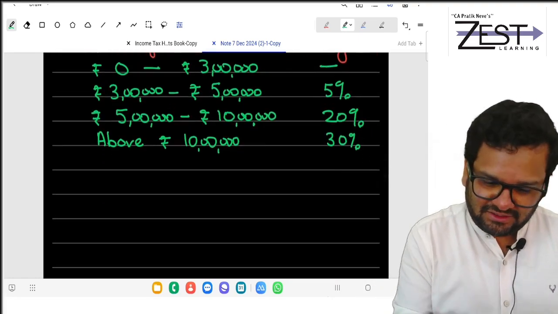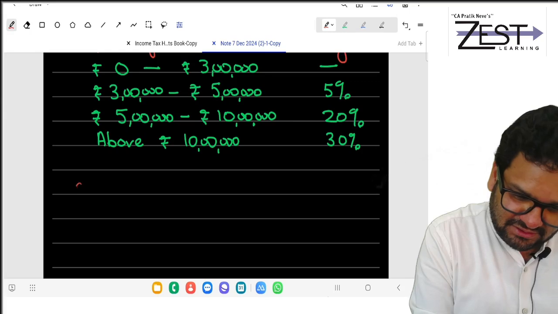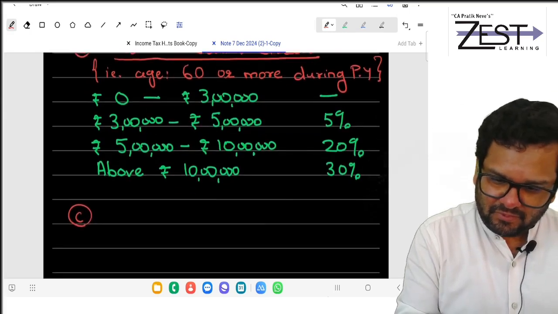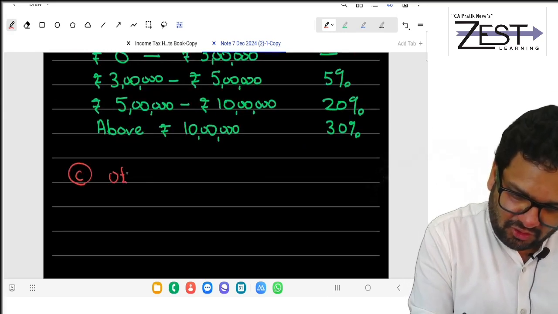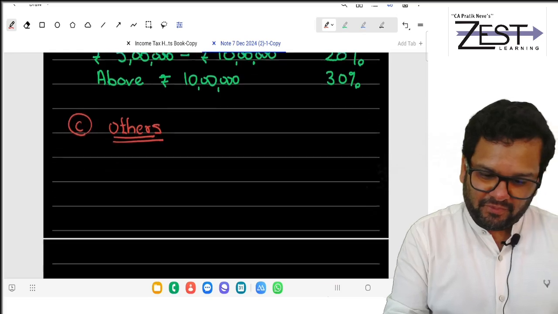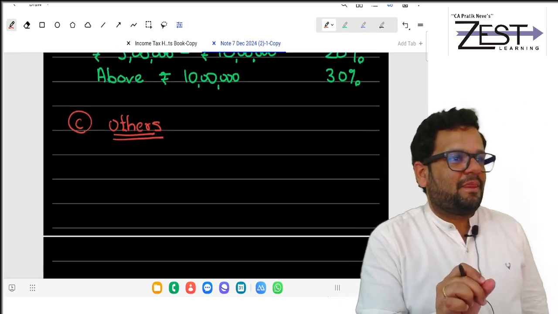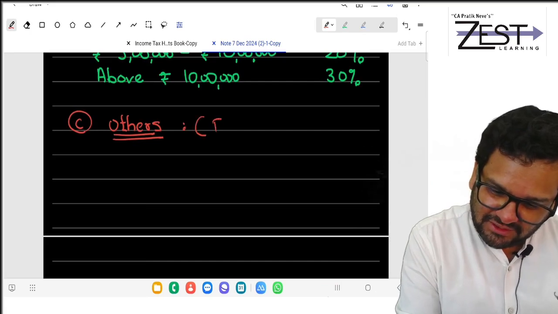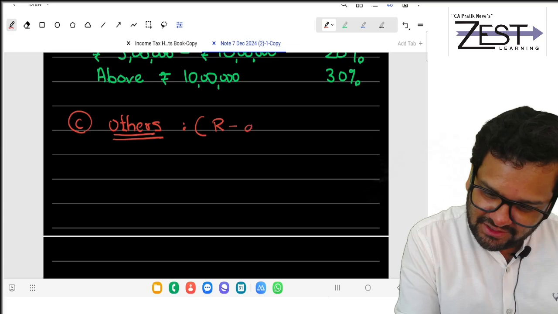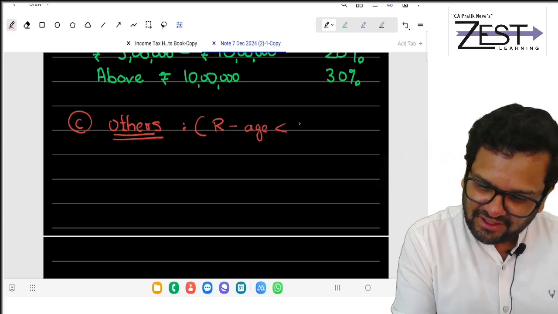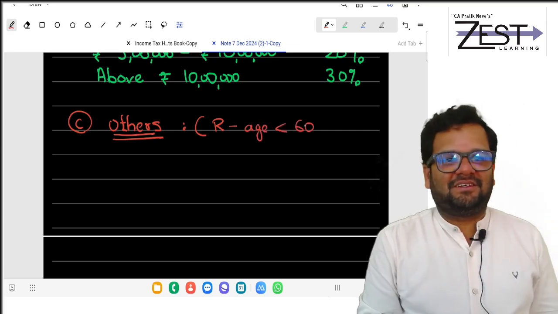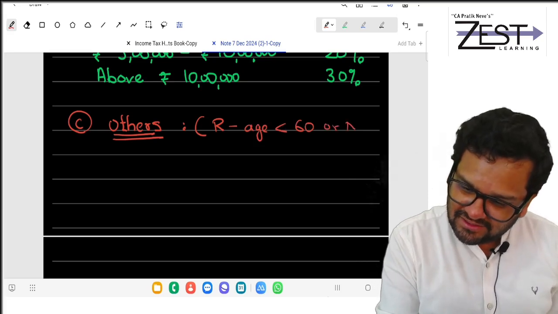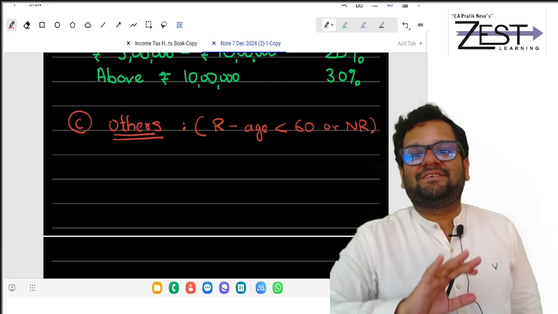And now others. C is others. All of you others, right? But your energy doesn't show. Okay, others. Others means you are resident and your age is less than 60, or you are NR, non-resident.